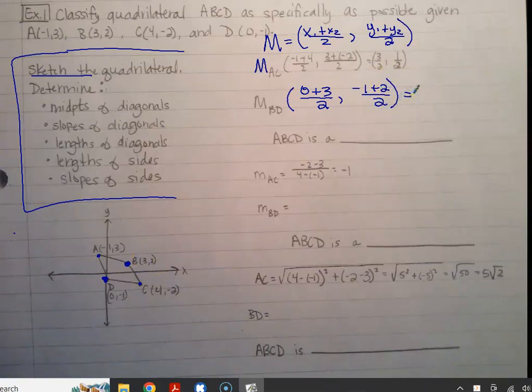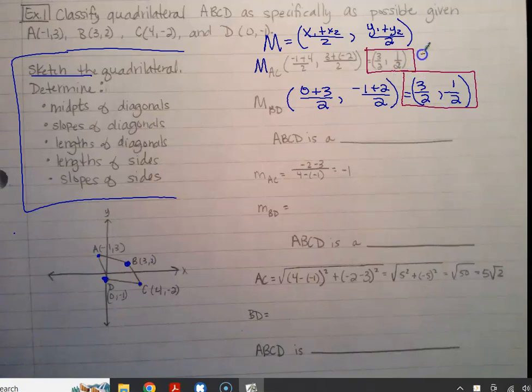So 0 plus 3 over 2 is 3/2, and -1 plus 2 is 1/2. Well, wait a minute. What do you notice about the midpoint of AC and the midpoint of BD? They're the same. They have the same midpoint.